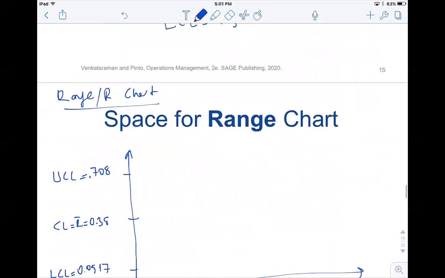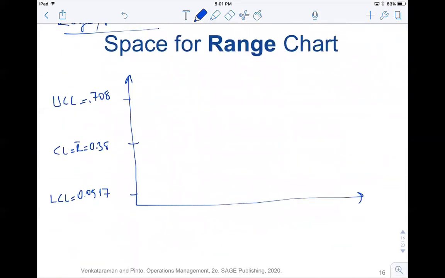Okay. So again, these are just straight lines.